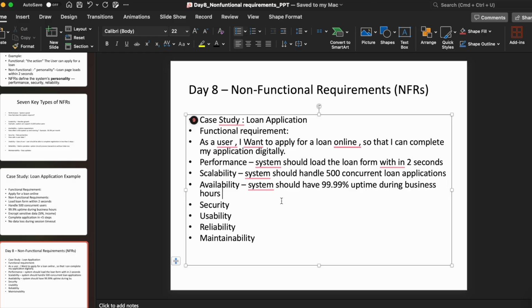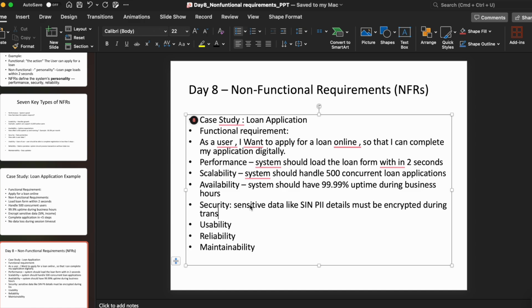Okay, for the security, you can write sensitive data like SIN, PI data, personal information, right? Details must be encrypted during transaction, session and storage. Okay.